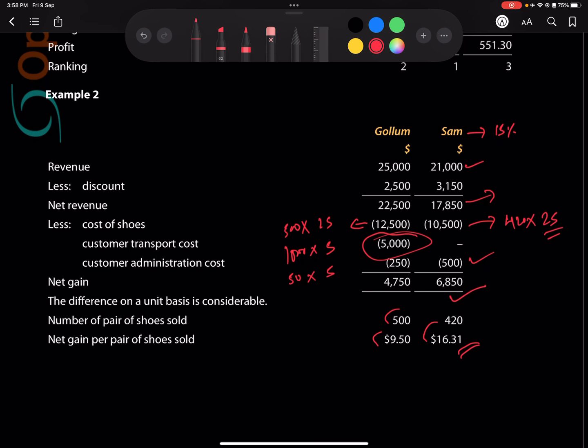So if we did not have to supply them the shoes, we would have been earning a very high return, right? So it would have been 9,750 divided by 500. So it would have been 19.5, right?